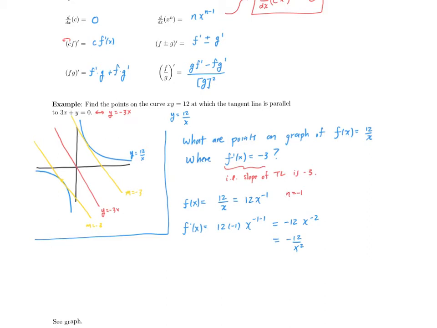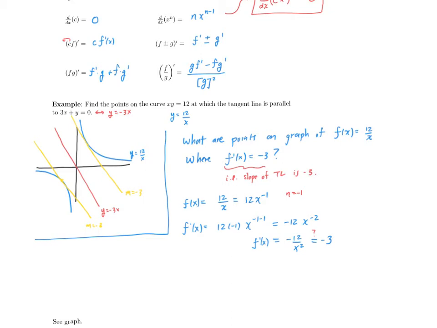And what we would like to know is, when is f prime of x equal to minus 3? So we have a formula for f prime of x, and we want to know what are the values of x that will make that equal to minus 3.